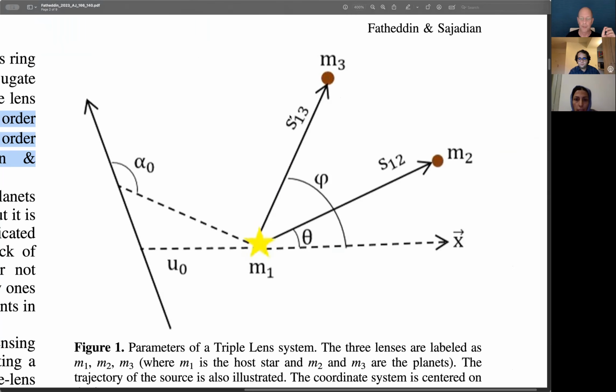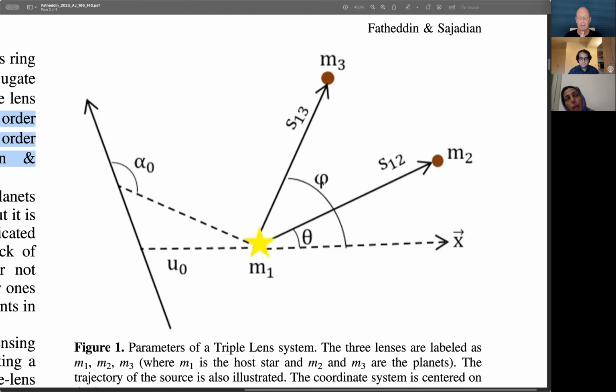If we assume, for example, the first planet is on the x-axis, we need another angle for the second planet with respect to the primary axis, which is phi minus theta in this figure. Accordingly, we have three more parameters for the triple lens system.